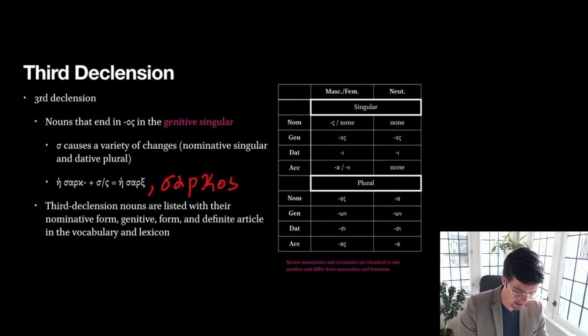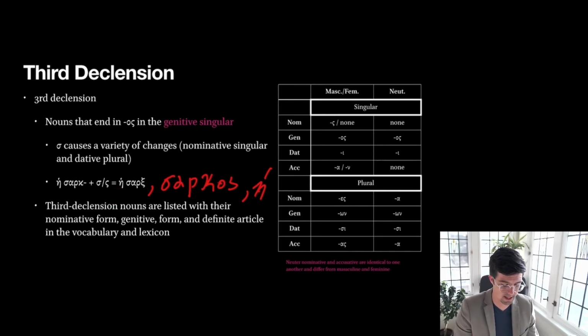So in the dictionary, for example, you'll see sarx, sarkos, and actually in a dictionary, you'll have the article following rather than coming before the word. This is the nominative singular form, and then the more regular genitive singular form. And so you can take off this os ending of the genitive singular to find the root. You can't do that with the nominative because you don't actually have the ending there. The sigma has made its way into the kappa there.